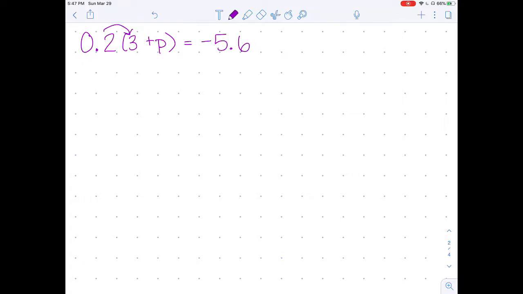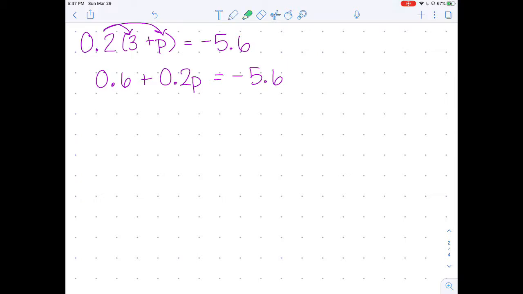So 0.2 times 3 is 0.6, plus 0.2 times p is just 0.2p equals, and then we didn't change anything over here, so negative 5.6.